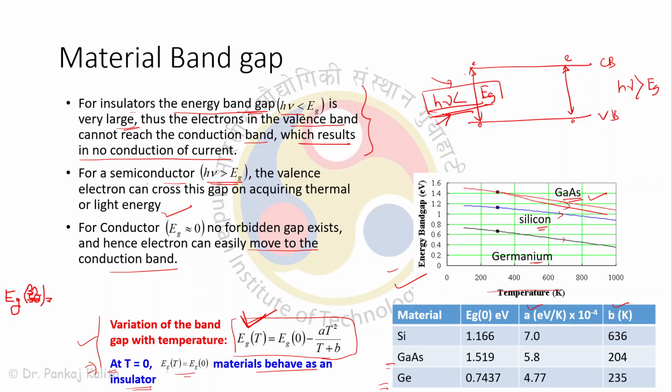You guys know the difference between Kelvin and Celsius, so always use Kelvin: 273 plus 50, 323.